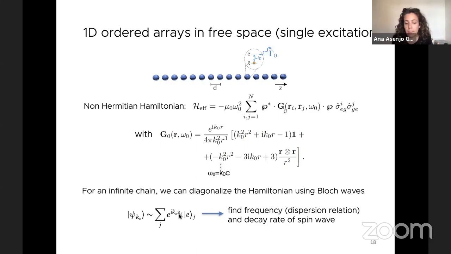And these spin waves are going to have a dispersion relation, so some energy, some frequency. Because it's an open system and the Hamiltonian is not Hermitian, they are also going to have a given decay rate. So there are going to be spin waves that are radiative, which we call superradiant, and they're going to have a finite lifetime. And there are spin waves that are completely dark, subradiant, and will live forever if our array is infinite.